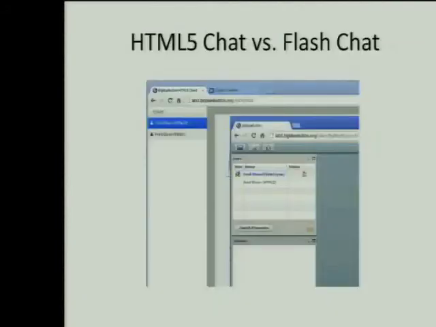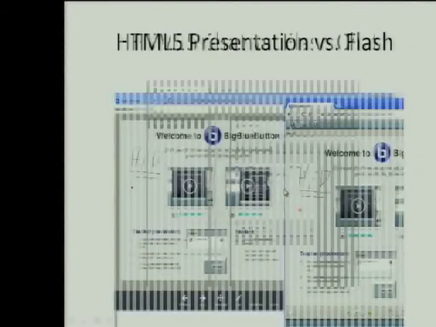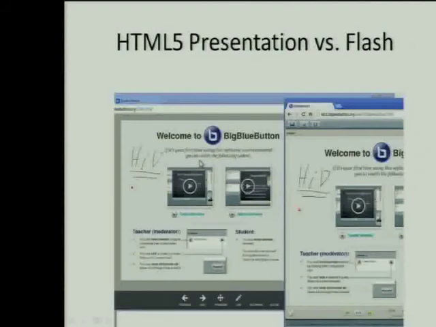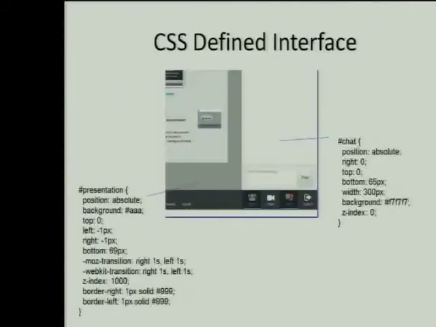So I've got a few screenshots here. You can see the HTML5 client back and forth. They look the same. You can see me drawing. This is the HTML5 on the left, Flash on the right, and then there's the chat back and forth. So I'll do a little techie for a moment: this is all laid out in CSS. The client is defined almost completely in CSS.